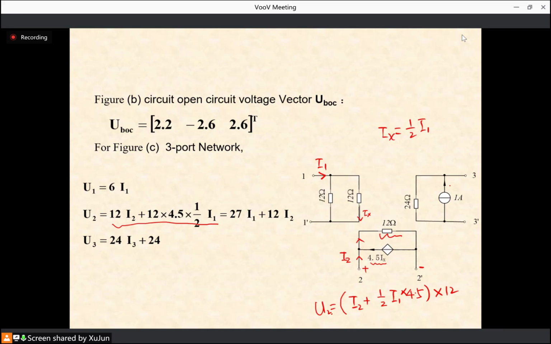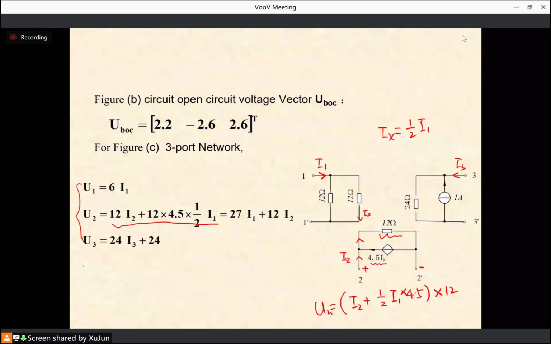For this port, this I3, this 1, so it will be I3 plus 1 mod 24. So it will be this function. So for this network, it will be simple to write the total function.